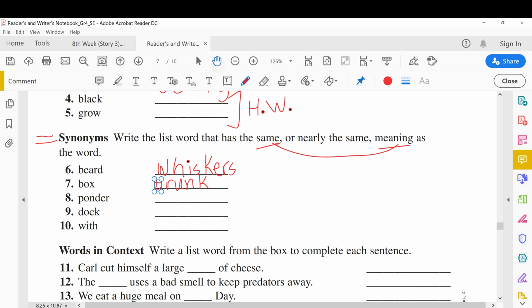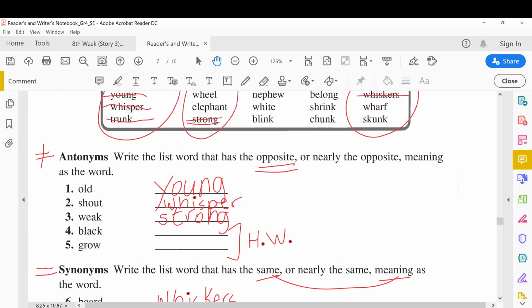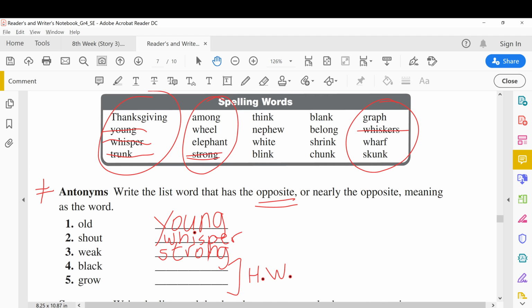Ponder. It is good to ponder before you speak. Pondering. So the word we are looking for, you find it here. Is it think, nephew, why, and blink? Usually wise people ponder a lot.